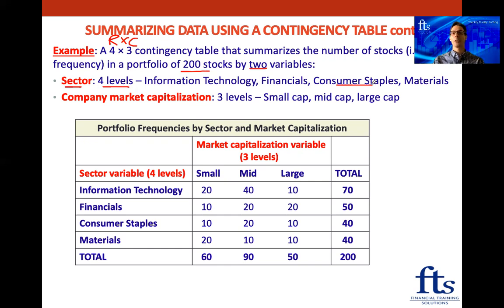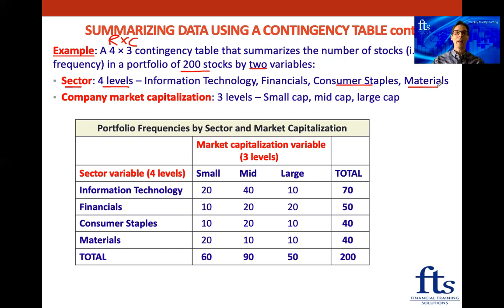We'll talk more about those when we get to the equity section. And then materials include things like resources and mining and that type of stuff. Of course, a portfolio wouldn't just be in 4 sectors on the stock exchange. We would be more diversified. We would have some retail stocks and some energy stocks and more sectors, but we're just keeping it simple here by limiting ourselves to 4 sectors.